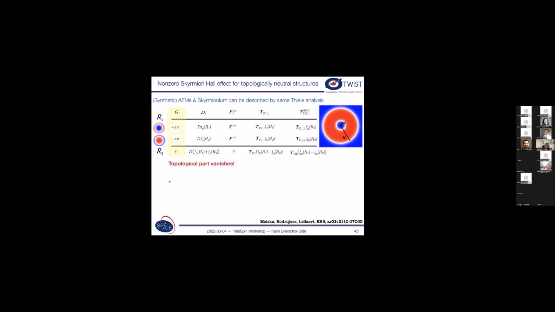So one can look at all the different force components acting on the two individual Skyrmions. I'm not going to go into detail of this, but I would like to focus on the first row, namely the part where typically the topology enters. The topology enters in this G, and actually this is now fully gone. So whatever is remaining has no topology left in this sense.